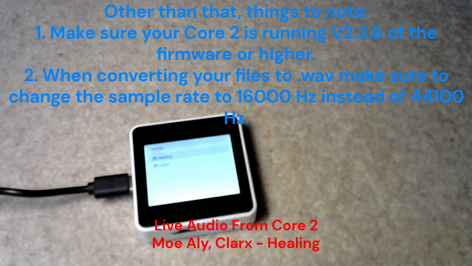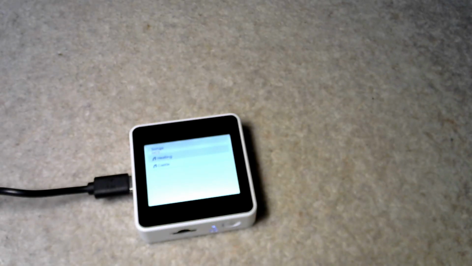So basically dividing it by about 3, just to make sure that the Core 2 can play it at this speed. Because otherwise it will lag and it won't play the song properly.